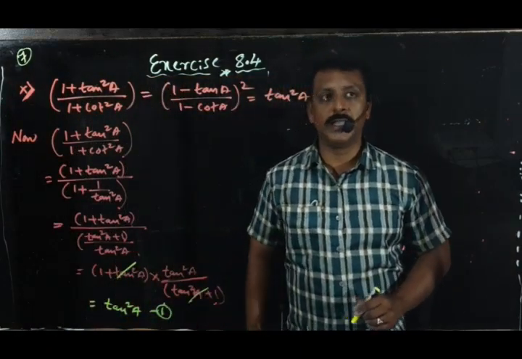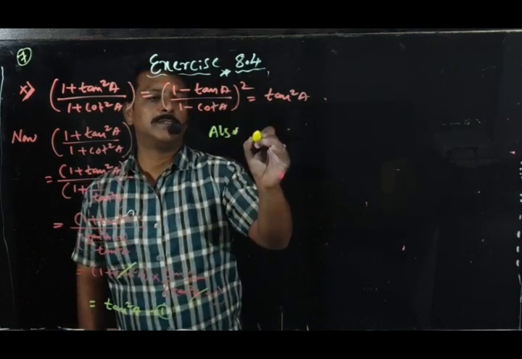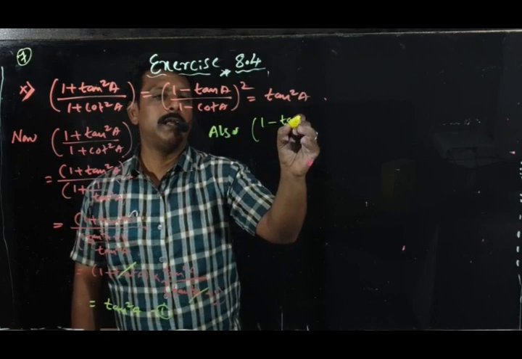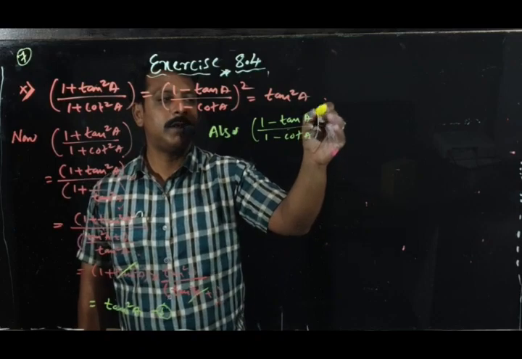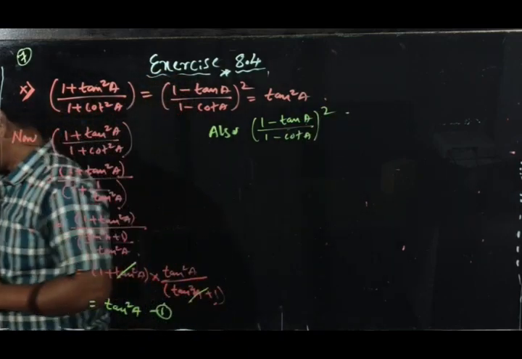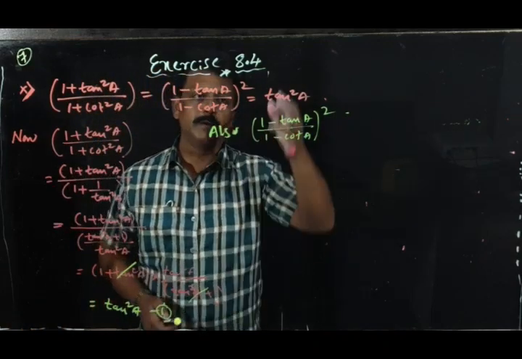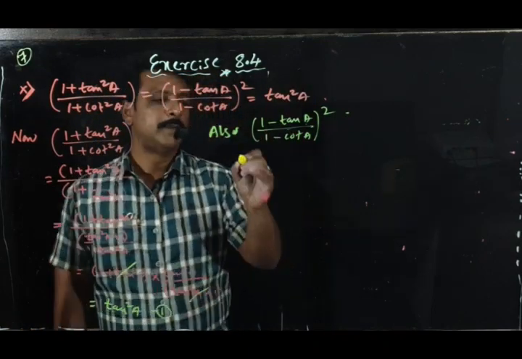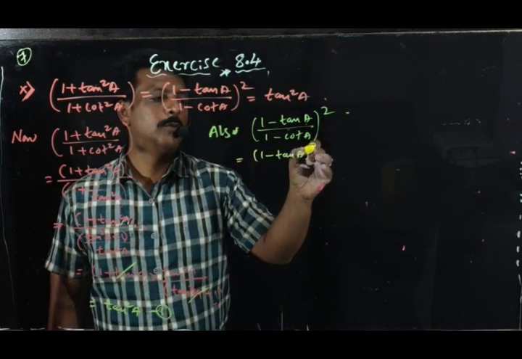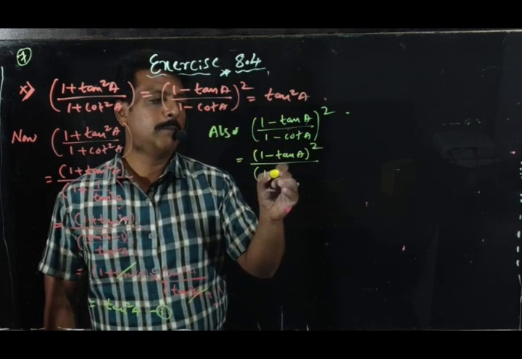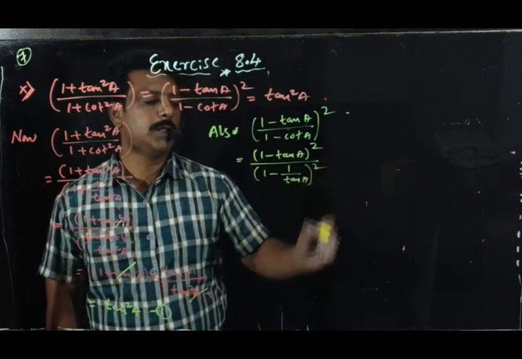I have taken this one as equation 1. Also, I am taking the second bracket: (1 minus tan A divided by 1 minus cot A) whole square. Sir, can we do the same? Same only. Convert only cot in terms of tan, because anyhow we want to get tan square A. So the numerator part I don't want to disturb, this whole square, divided by 1 minus cot, which I want to write as 1 by tan A, whole square.